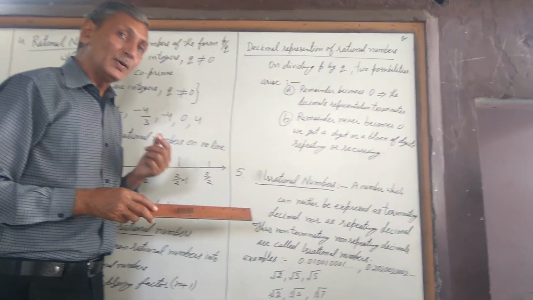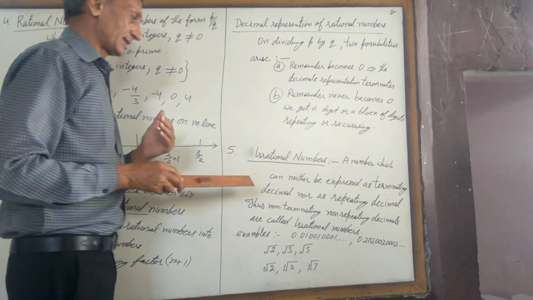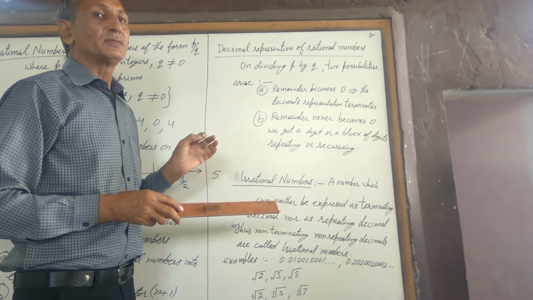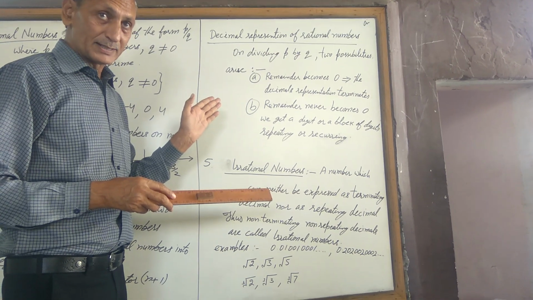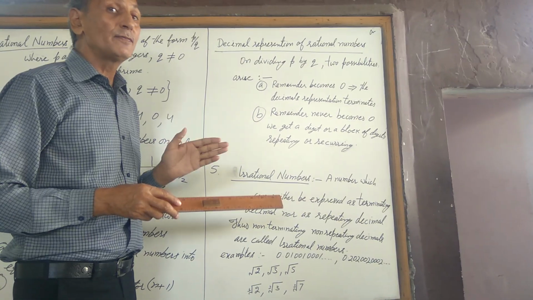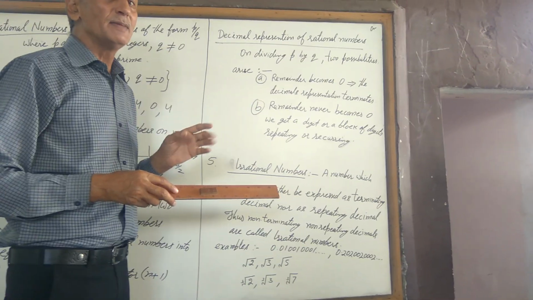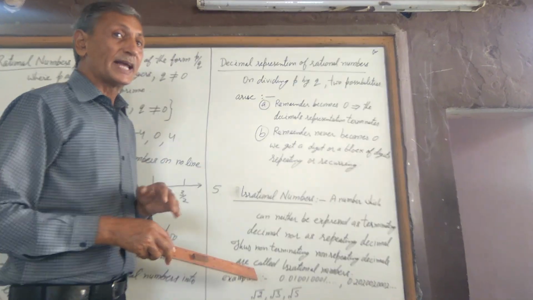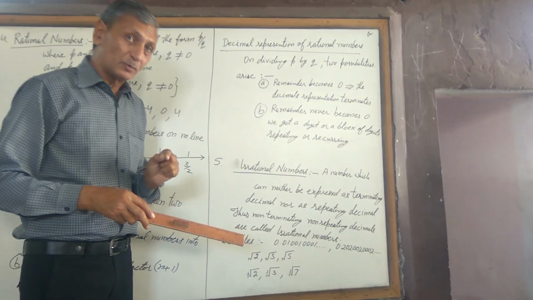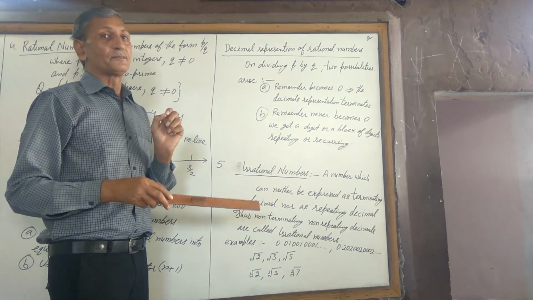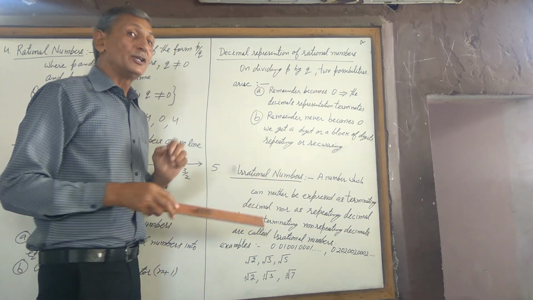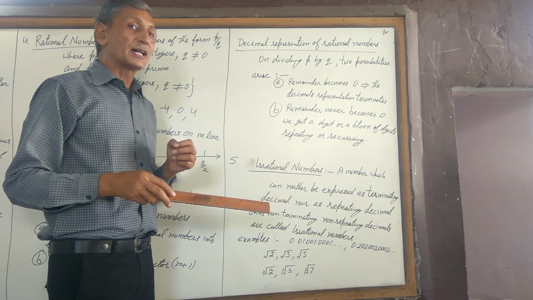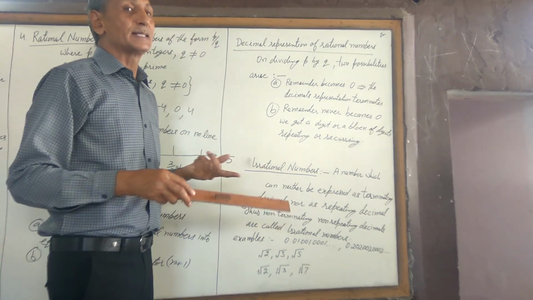Now we come down to irrational numbers. It is very clear from the definition of rational numbers. It is the opposite of rational. That means irrational numbers are all those numbers which cannot be put in the form of p upon q, or which are not terminating decimal, or which are not repeating decimal.